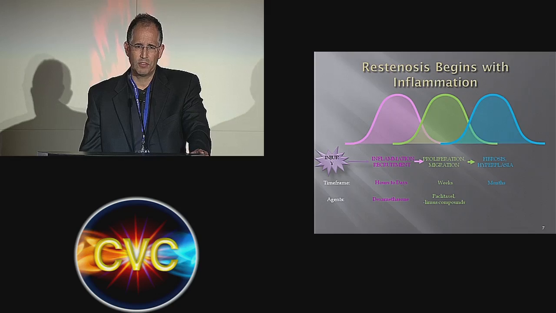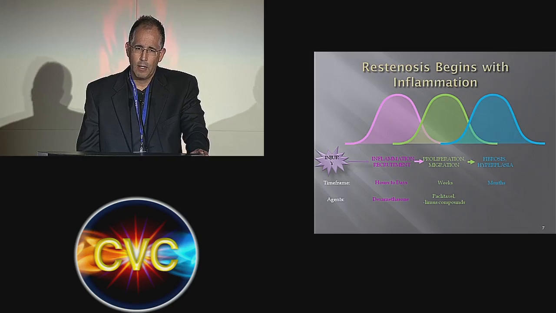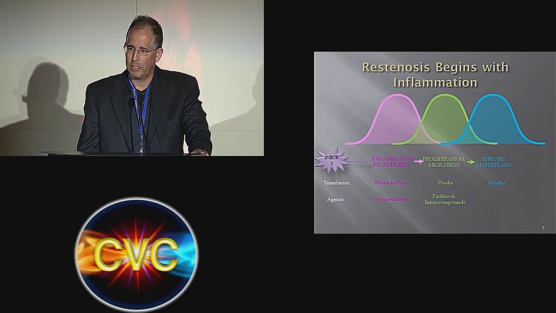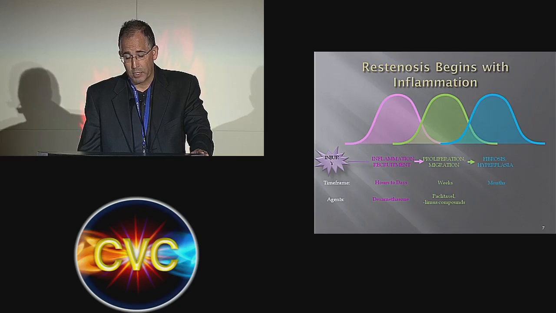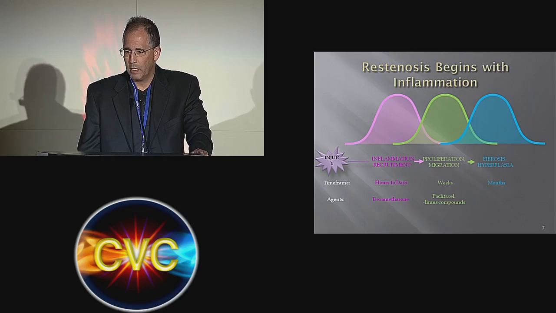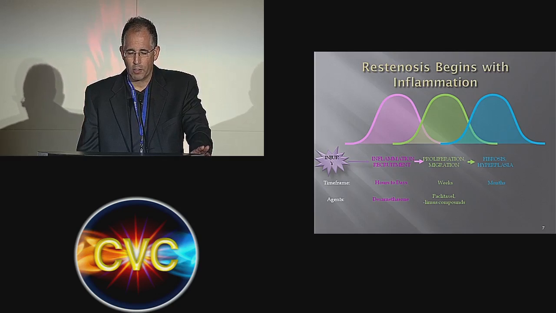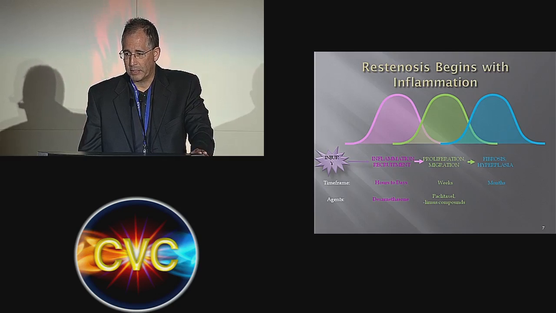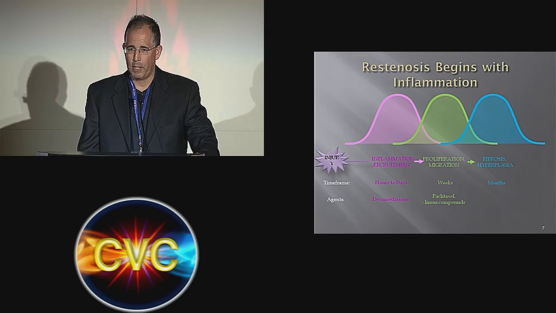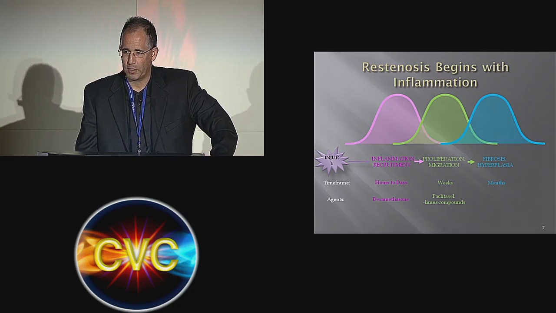So what I submit for consideration is that I wonder if perhaps ultimately what we'll deal with is some combination of therapy where we're injecting perhaps not one drug but multiple drugs so that we can treat both the early inflammatory phase but also the proliferative phase that occurs a little bit later on. At present, we have no treatment for the fibrosis and hyperplasia other than perhaps atherectomy to try and remove it once it occurs.